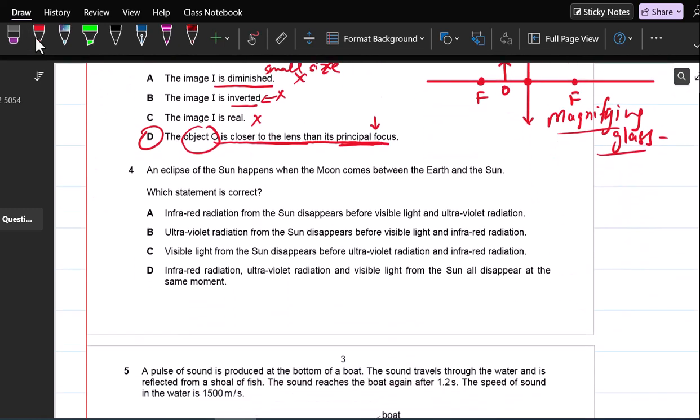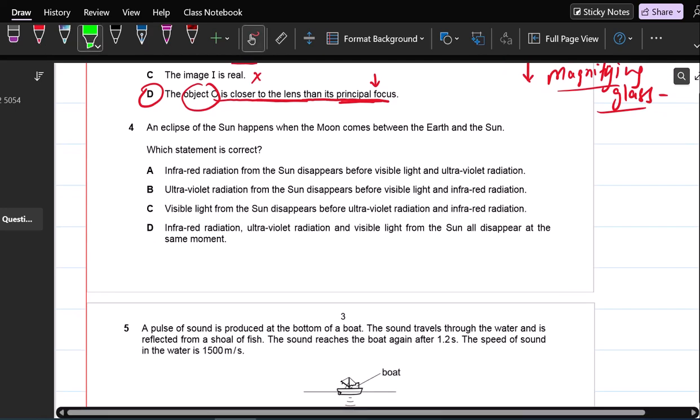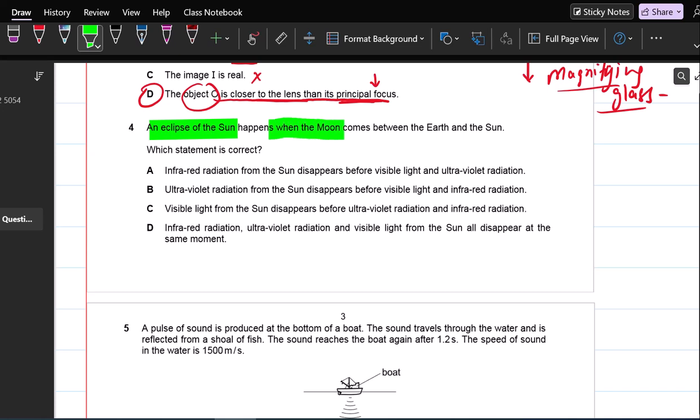So moving to question number 4. An eclipse of the sun happens when the moon comes between the earth and the sun. So when the moon comes between, the earth is here, here we have the sun, and the moon is between these two. Which statement is correct?